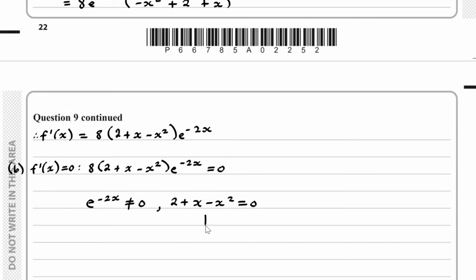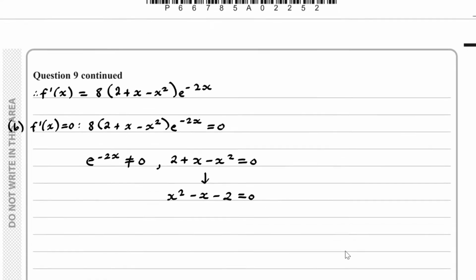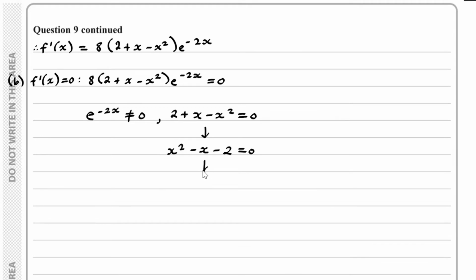From this, we can rewrite this. If we multiply through by minus 1, we have x squared minus x minus 2 equals 0, which if we factorize, we have x minus 2 lots of x plus 1 equals 0.